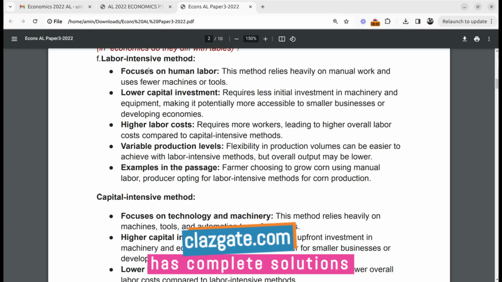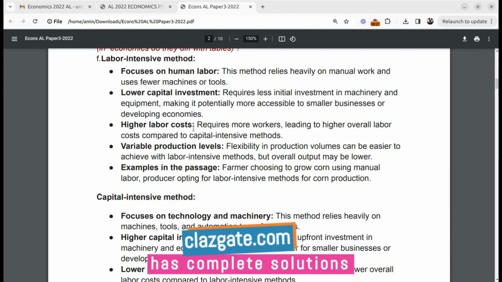For labor intensive methods, we have 5 points here. Our first point says the labor intensive method focuses on human labor. This method relies heavily on manual work and uses fewer machines or tools. Labor intensive methods have lower capital investment. That is, it requires less initial investment in machinery and equipment, making it potentially more accessible to smaller businesses or developing economies.